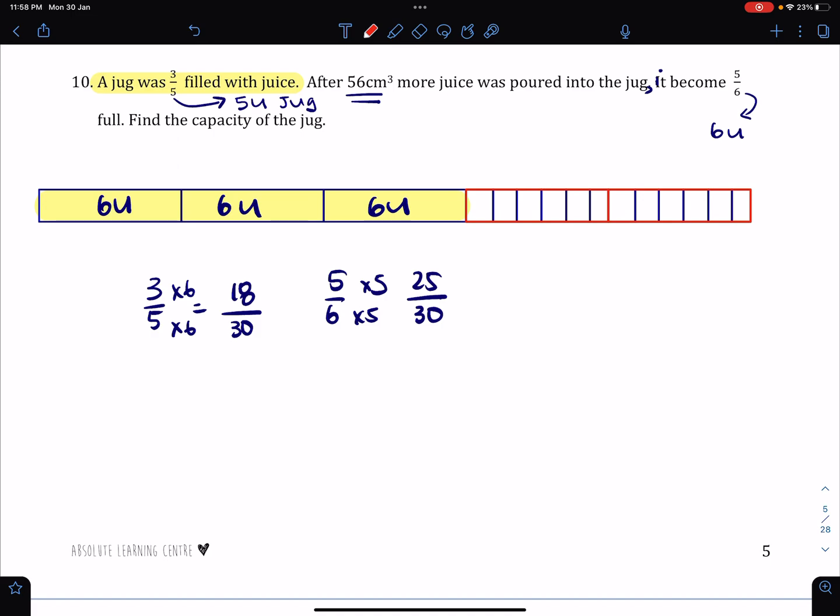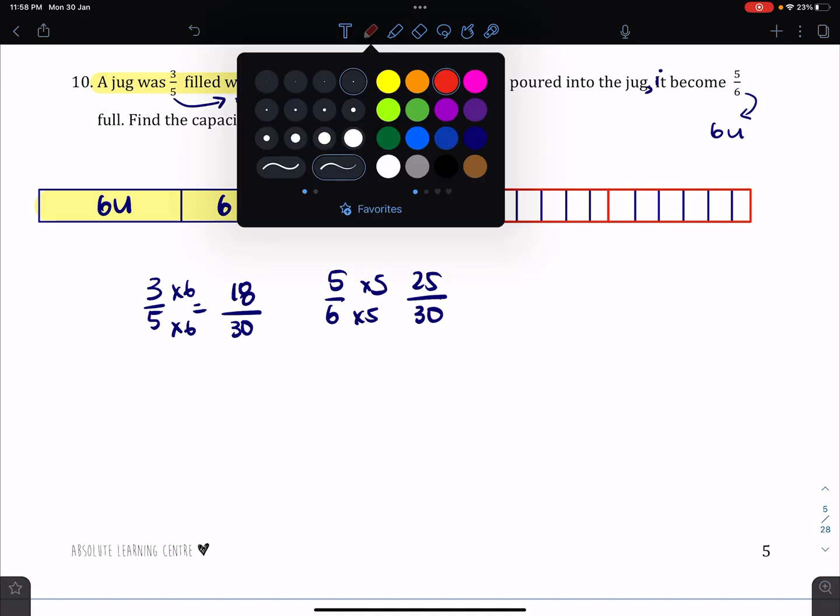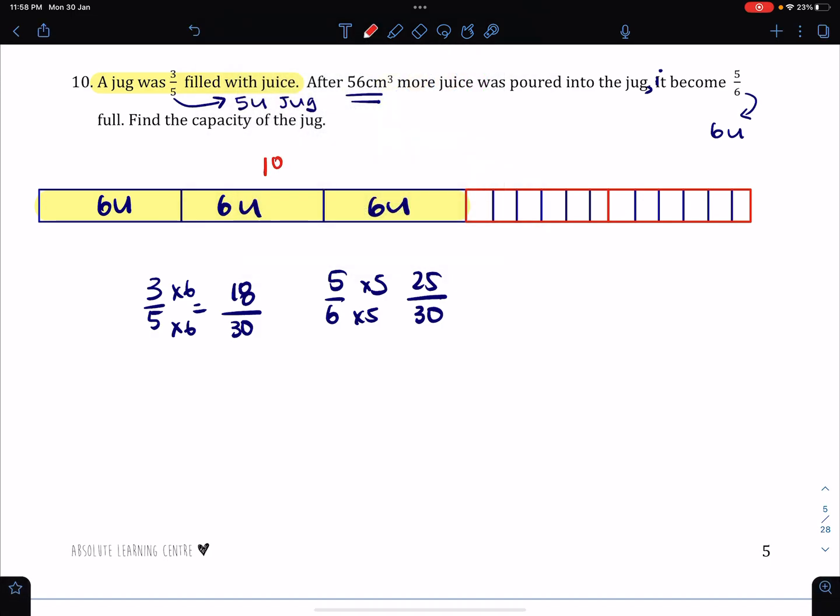Then I know that I have got 18 units already, but in the end I need to become 25. So how many more units must we add? We must add, so 18, 19, 20, 21, 22, 23, 24, 25. This is 5 out of 6.